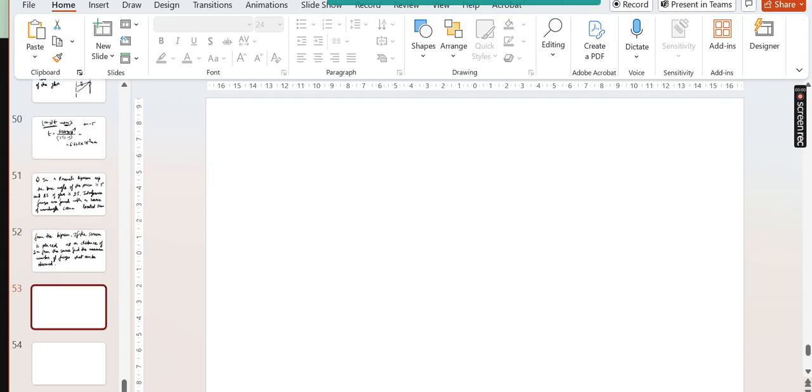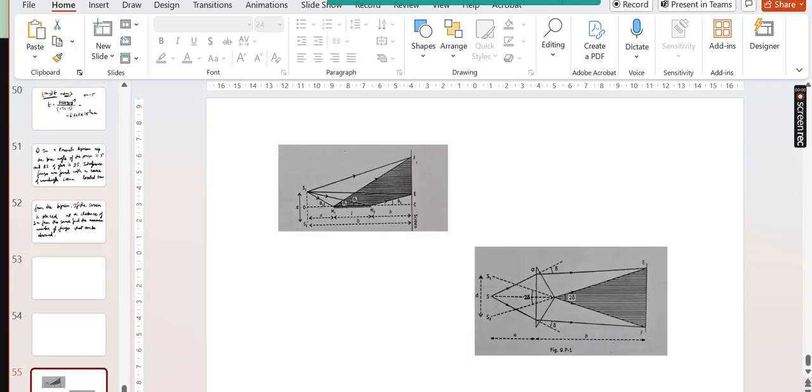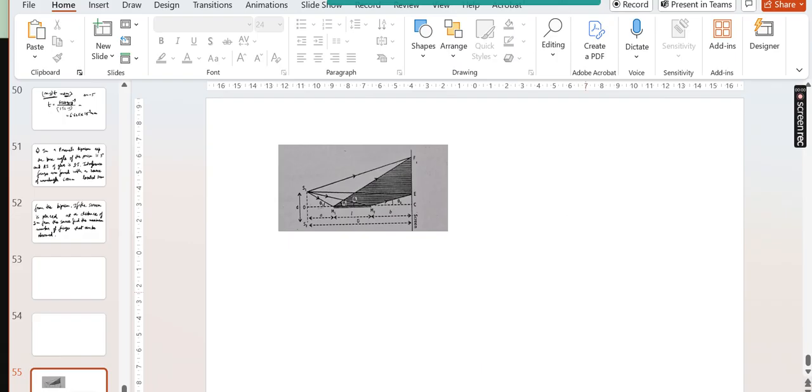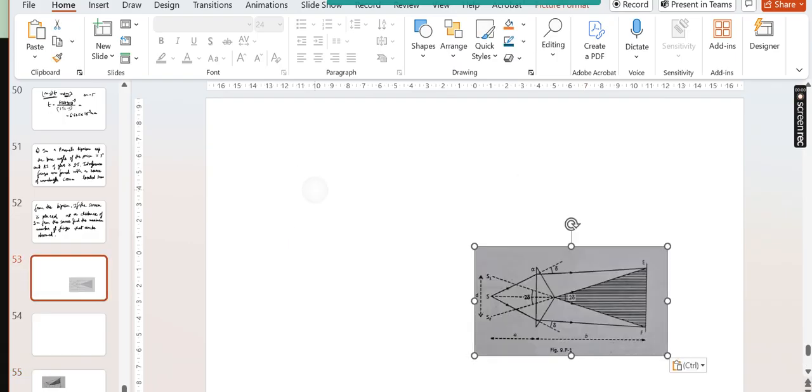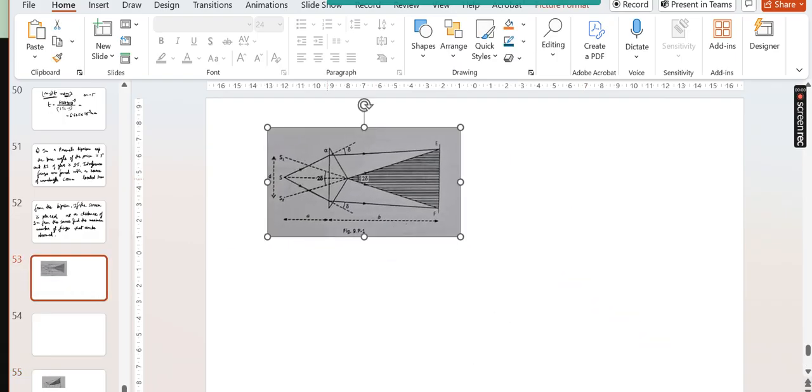So basically, this is the picture. Tan delta should be equal to, that is, delta is equal to d by 2.